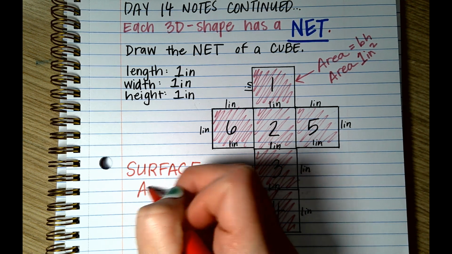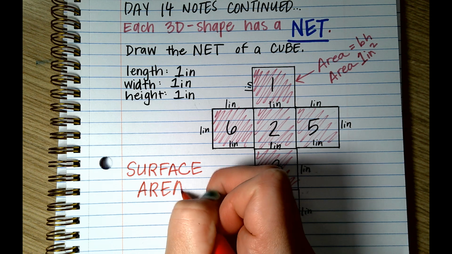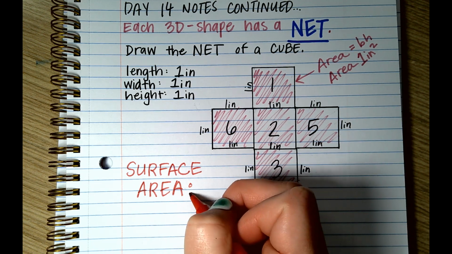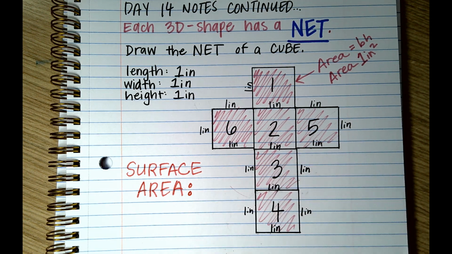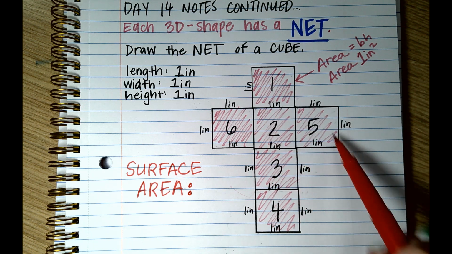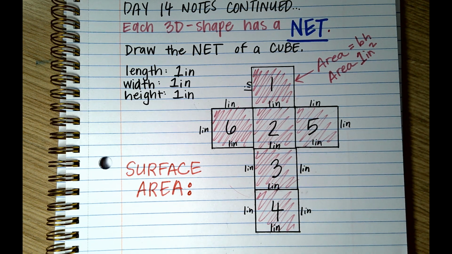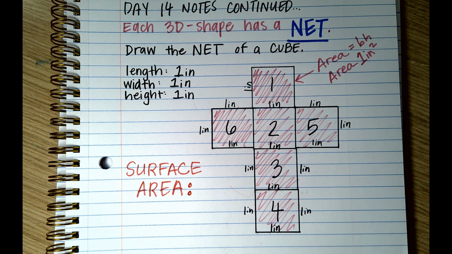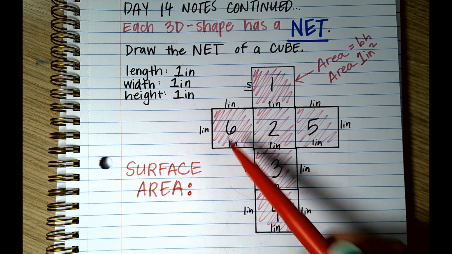Surface area. All that is the area of each face, the area of each flat surface, and we add them all together. All of these areas are the same.